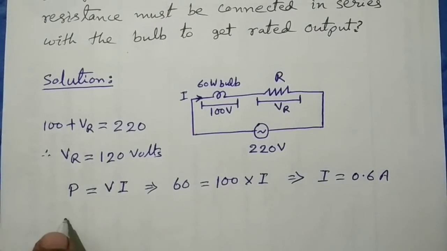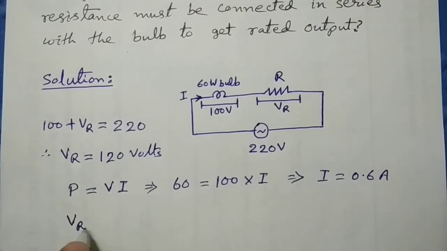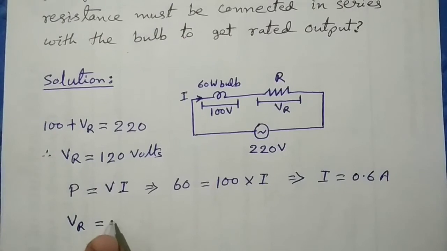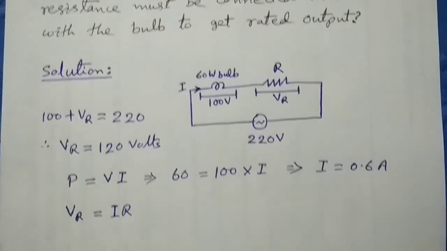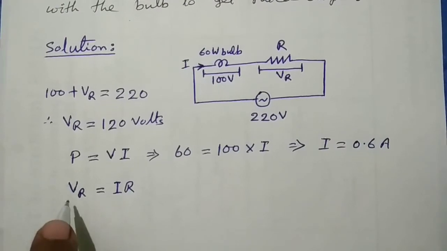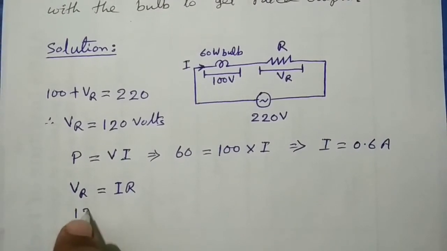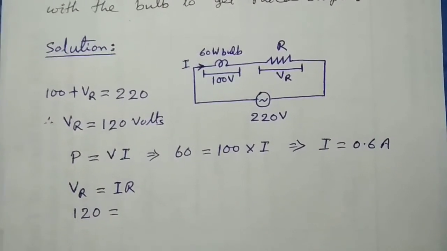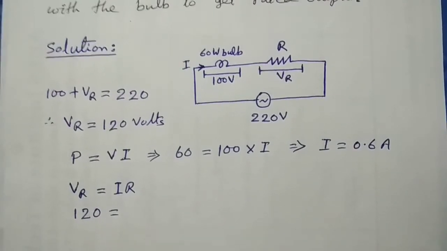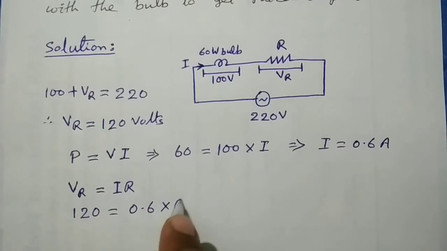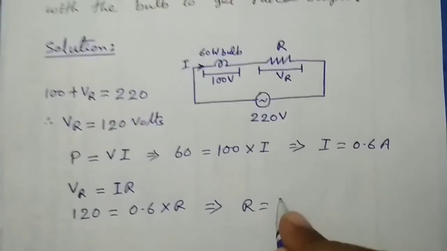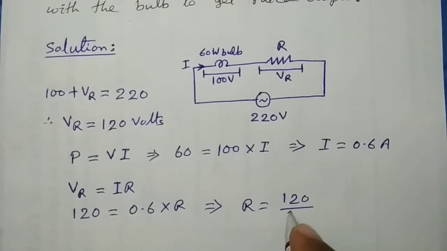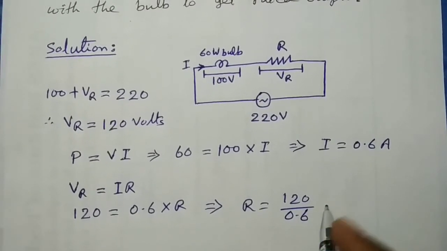So the voltage drop across the resistance VR can be written as I into R. The VR we have calculated is 120. The current that will flow through the resistance is 0.6. So we can find the resistance, that is 120 upon 0.6.